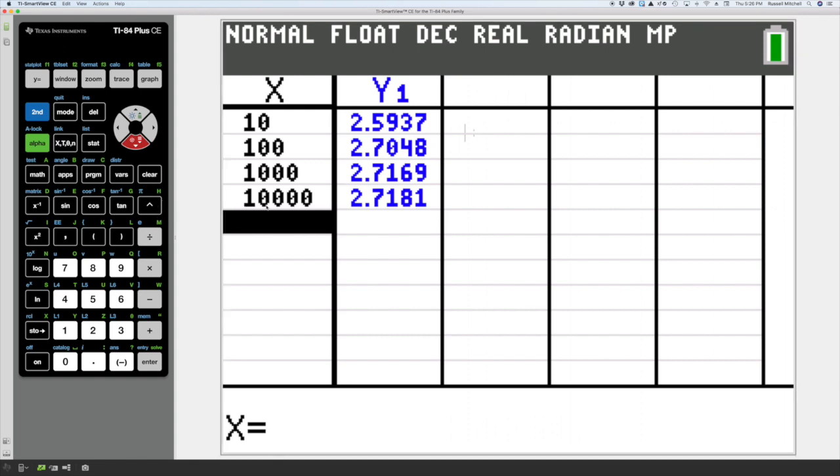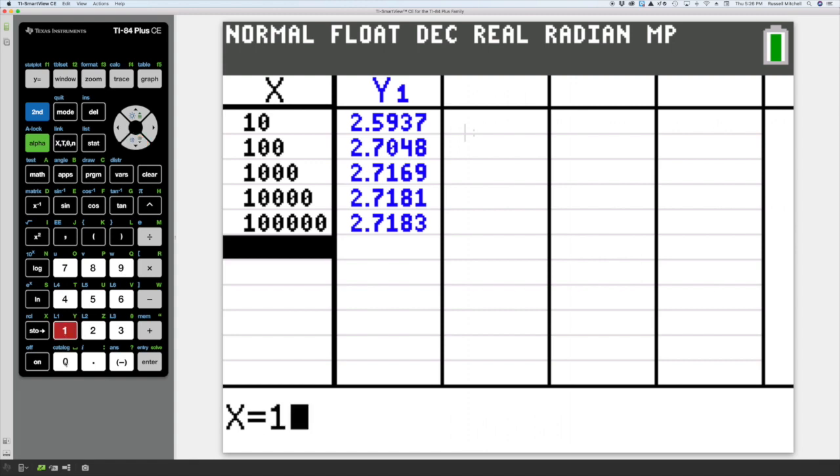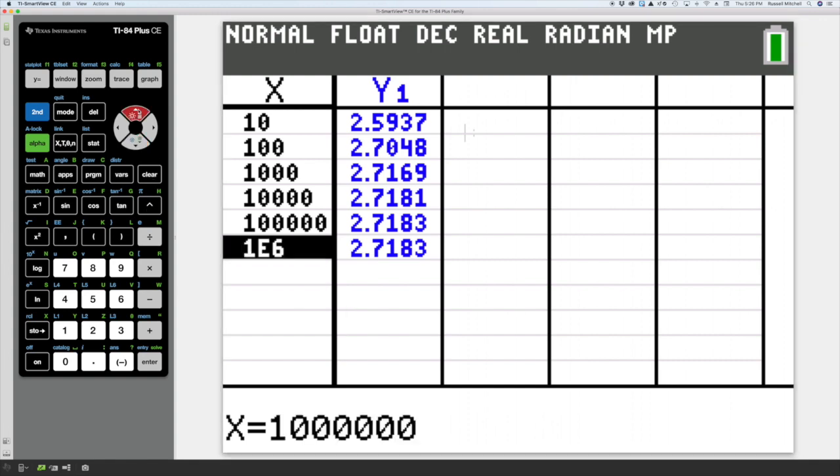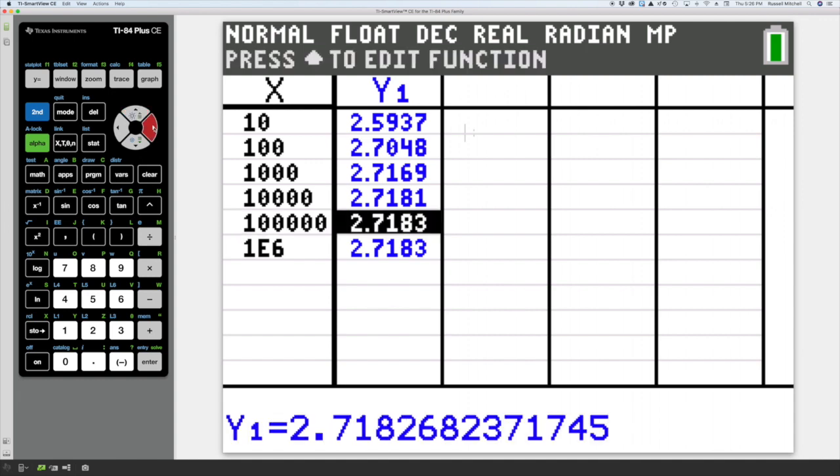That was 10,000, so let's put in 100,000. Now we're getting three decimal places the same. That was 100,000, so let's go to 1 million. And now all four decimal places. Now, are all four decimal places really the same?